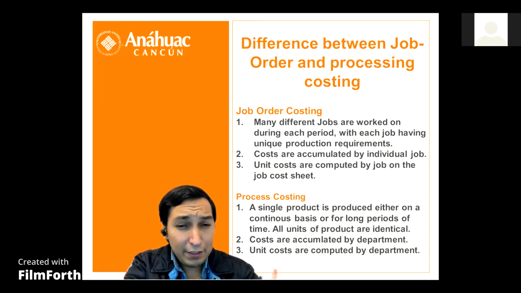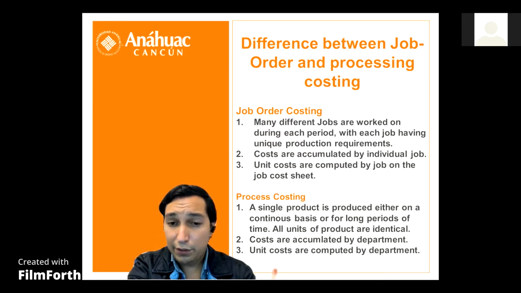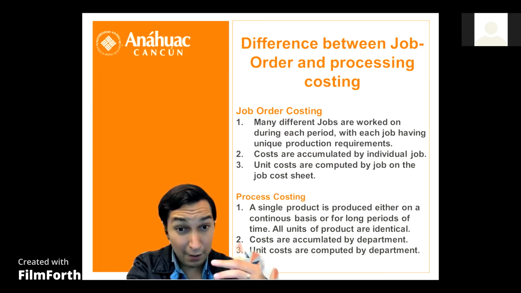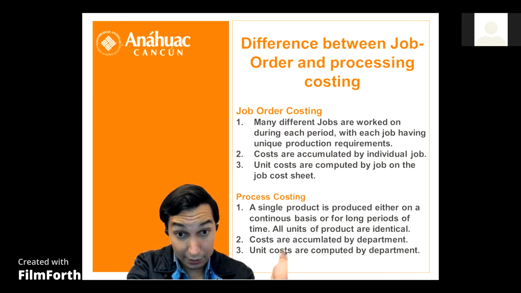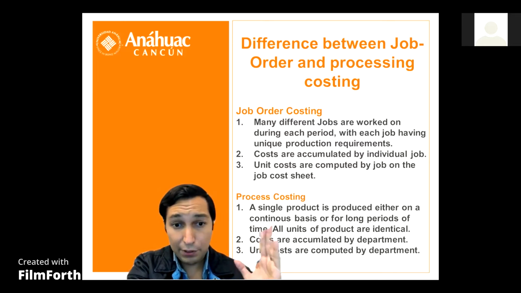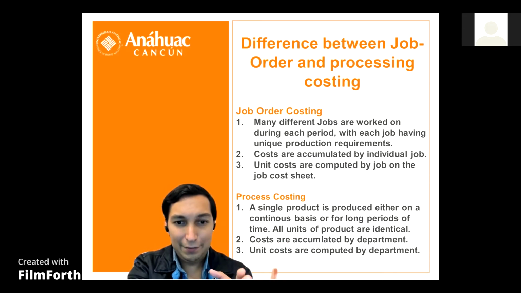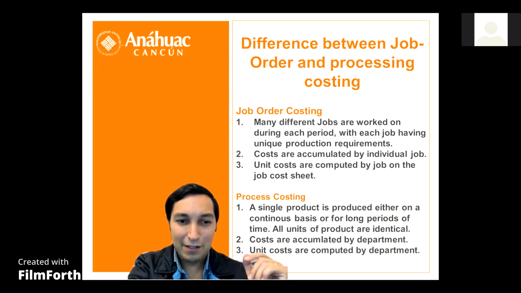In job order costing, we're going to find that we have many different jobs worked on each period, and each job is going to be somewhat unique in terms of its production requirements. Nothing new for you guys. We accumulate costs by job, and our unit costs are computed by job on a job cost sheet. Remember? Obviously, that's on a system. Everything is done in a system.